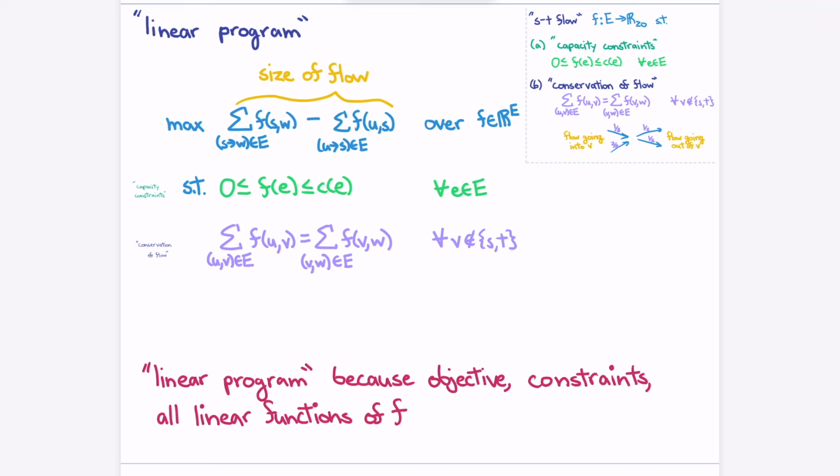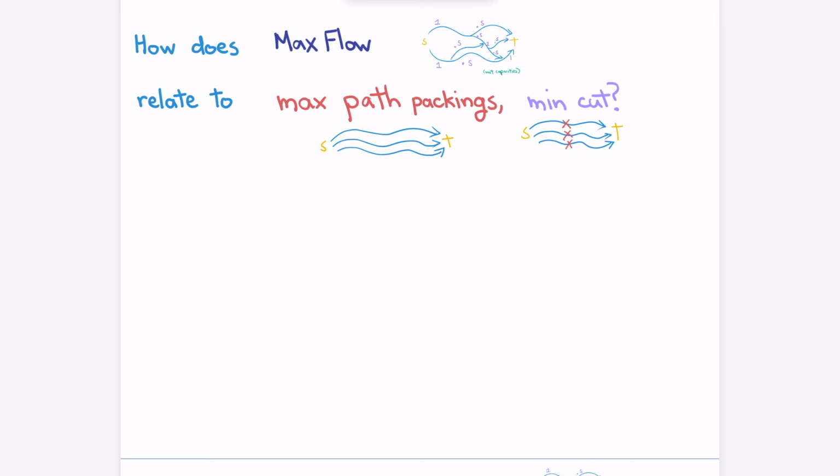How does the max flow relate to the number of paths you can pack? Let's say if the capacities were integral. Yeah. Okay, so max flow less than or equal to path. Why? So one of these seems more flexible than the other.